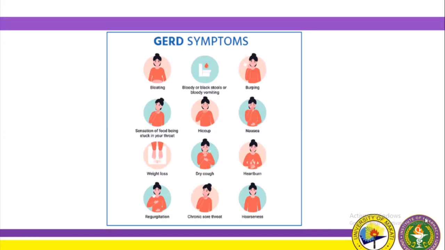It is common in the setting of long-standing heartburn and often attributable to reflux esophagitis, but can be indicative of an esophageal stricture. Other symptoms are hoarseness, chest pain, nausea, bloating, bloody or black stools or bloody vomiting, burping, hiccups, dry cough, weight loss, sensation of food being stuck in your throat, chronic sore throat, and chronic spotting.